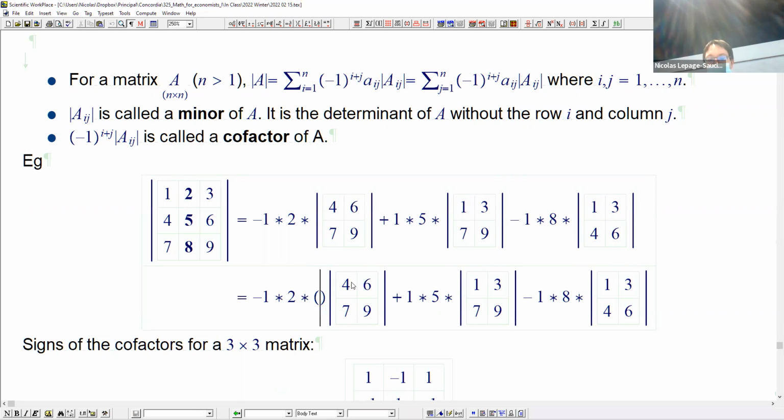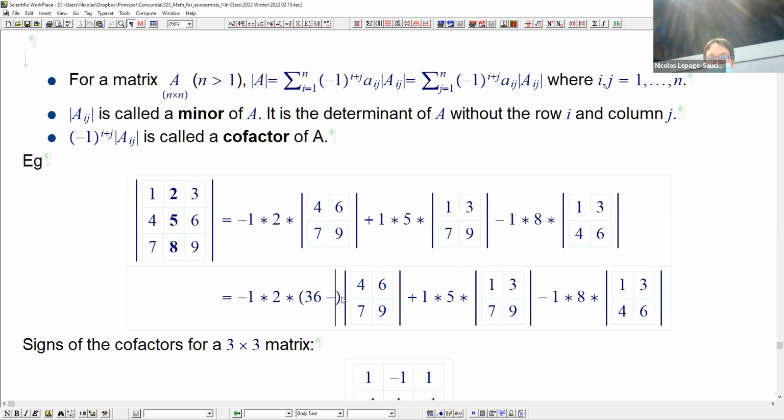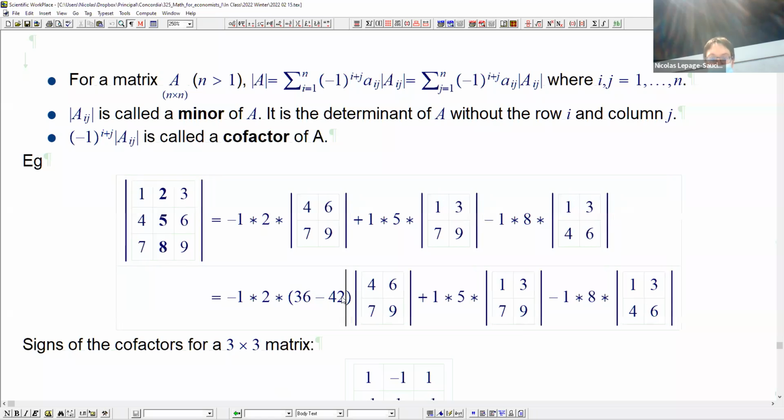Here, the determinant of this we already see. It's a 2 by 2, so we can just do it by looking at it: 4 times 9 is 36, minus 42.